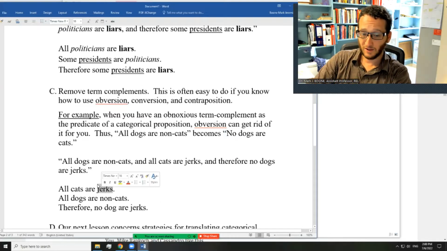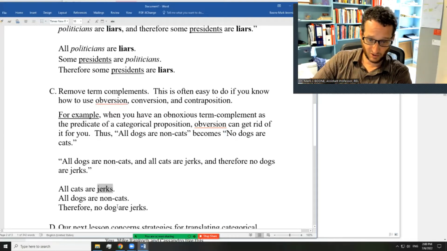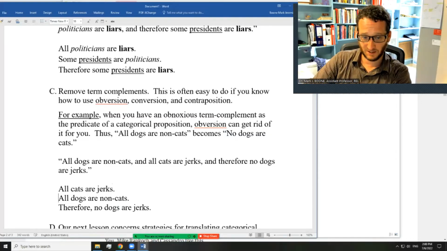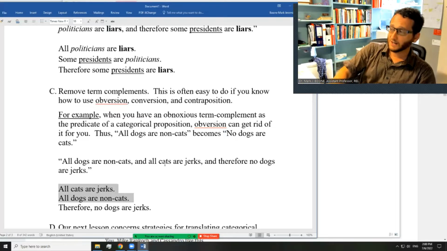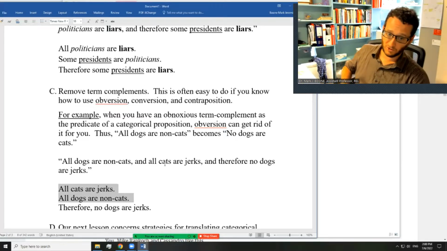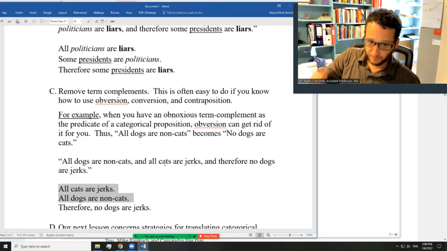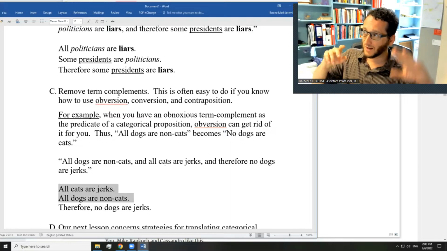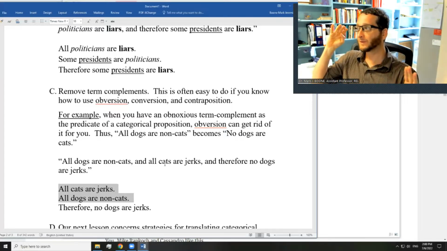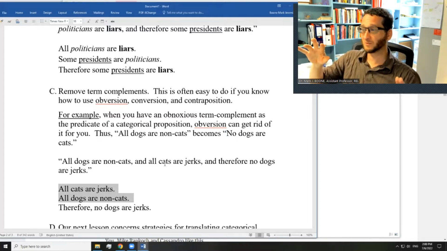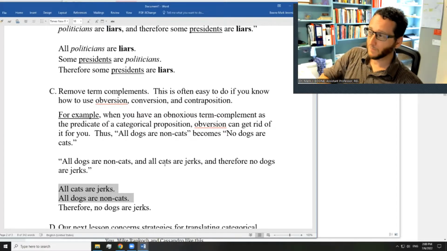Also, no issues there. Dogs and jerks are not used synonymously. But now we have these two statements, all cats are jerks, all dogs are non-cats. So we don't have just one middle term. So we have to replace one of those terms with its term complement, so we have one middle term.